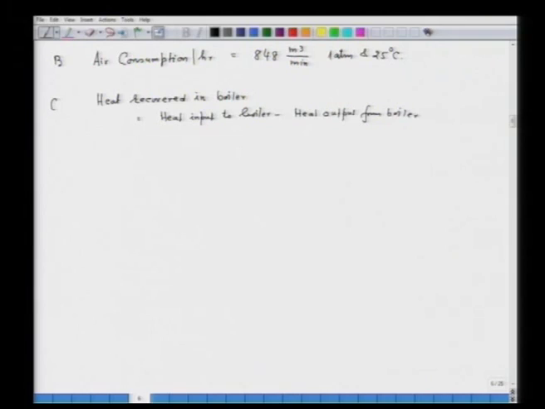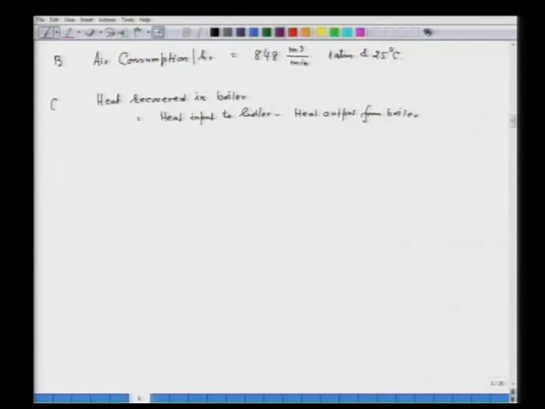Now, heat input to boiler is the heat carried away by the flue gases, that we already calculated in part A. Now, heat output from the boiler you have to calculate, because from the boiler the flue gas are exiting at 316 degree Celsius.